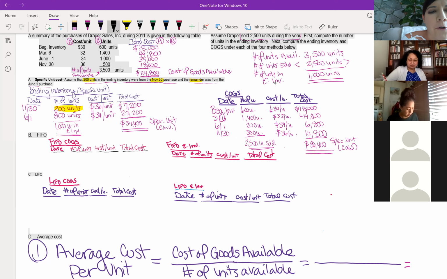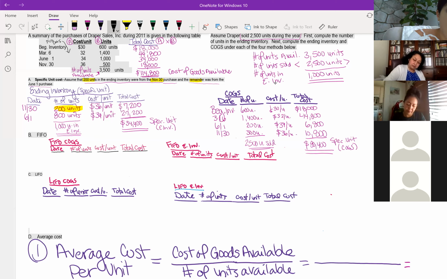So for FIFO, first in, first out. For costing cost of goods sold, we're going to start with cost of goods sold with the rest of the methods. So we're going to start from the top and work our way backwards, right? Yes. So did we sell at least 600 units?